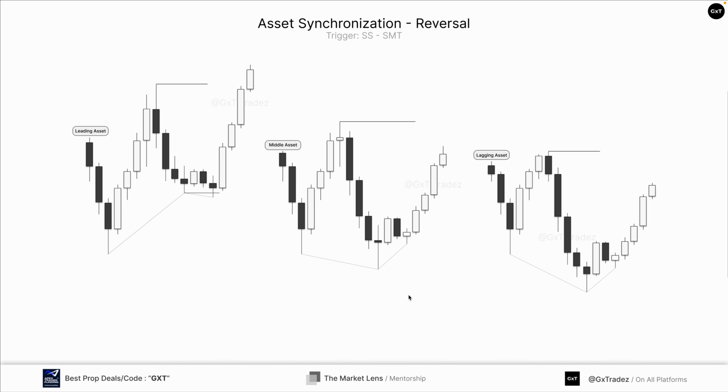The majority happens there, but when you have it via strength switch, it's even more powerful, because you have this asset in EQ or maybe premium, which is switching strength for these assets in discount to catch up. We'll go over stuff like that in a future episode that is a little bit more advanced. But this is another form of strength switching for reversals. And that is all for reversals.